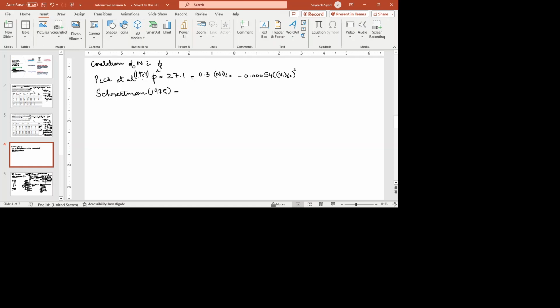This will give you phi dash in degrees directly: tan inverse of N60 over 12.2 plus 20.3 sigma naught dash over PA, raised to power 0.34.